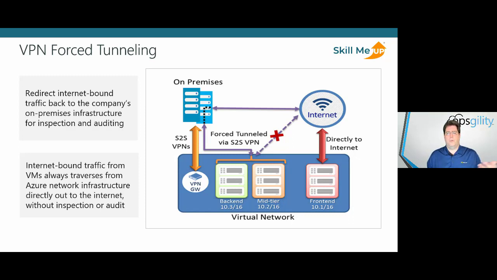This is probably helpful if you need to authenticate at that level, not having to traverse directly through the Azure network, and just go directly to the on-premises network. That can also provide a level of security where somebody doesn't necessarily penetrate your Azure virtual network.